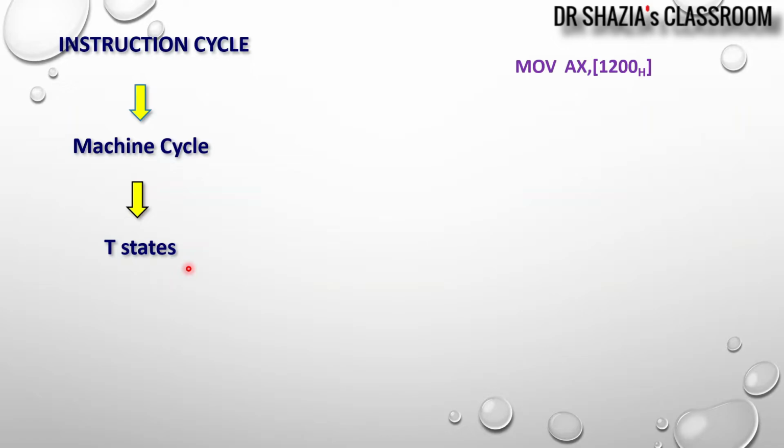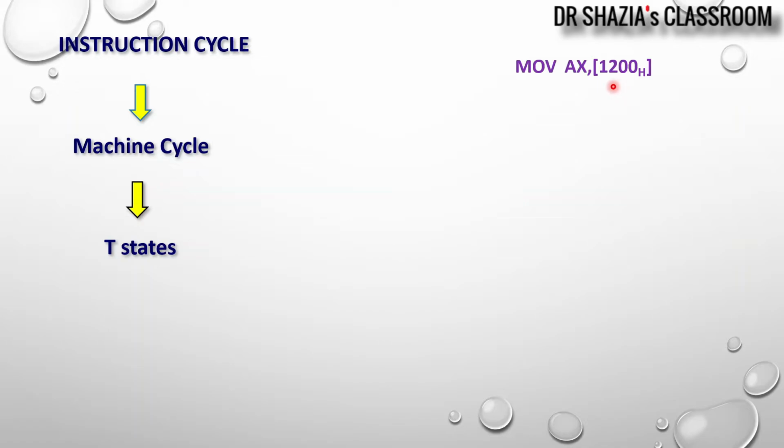The instruction here I have taken is MOV AX, [1200H] within square brackets. So you know what this instruction will do. The value within the square bracket represents the offset of memory.